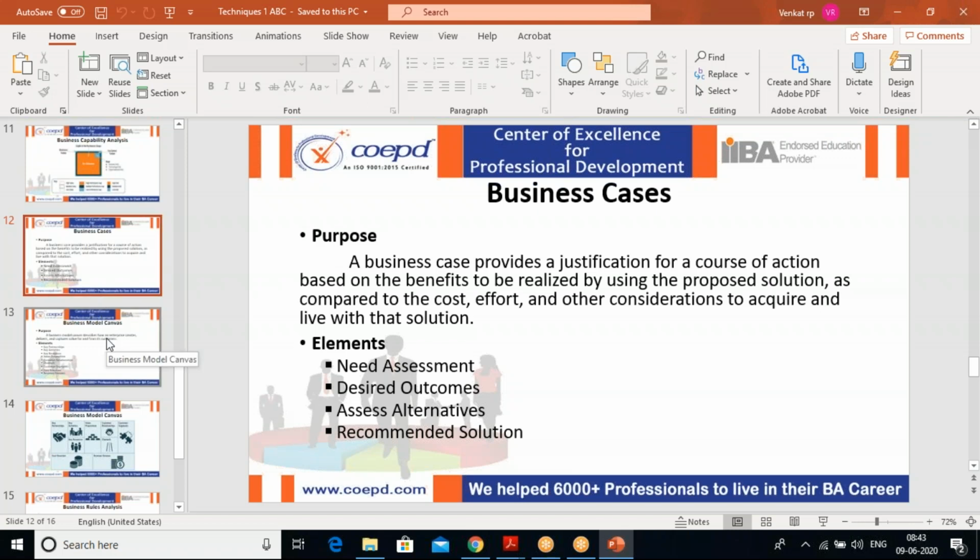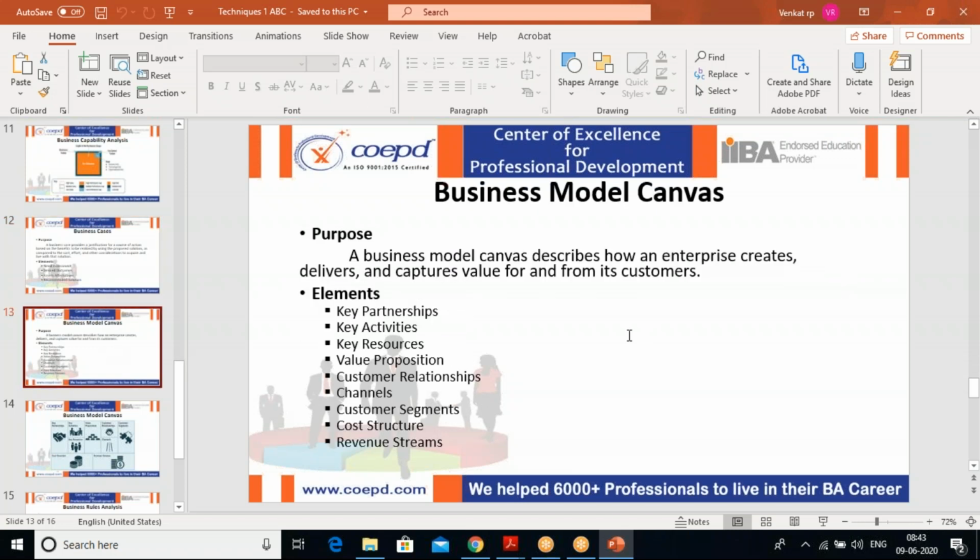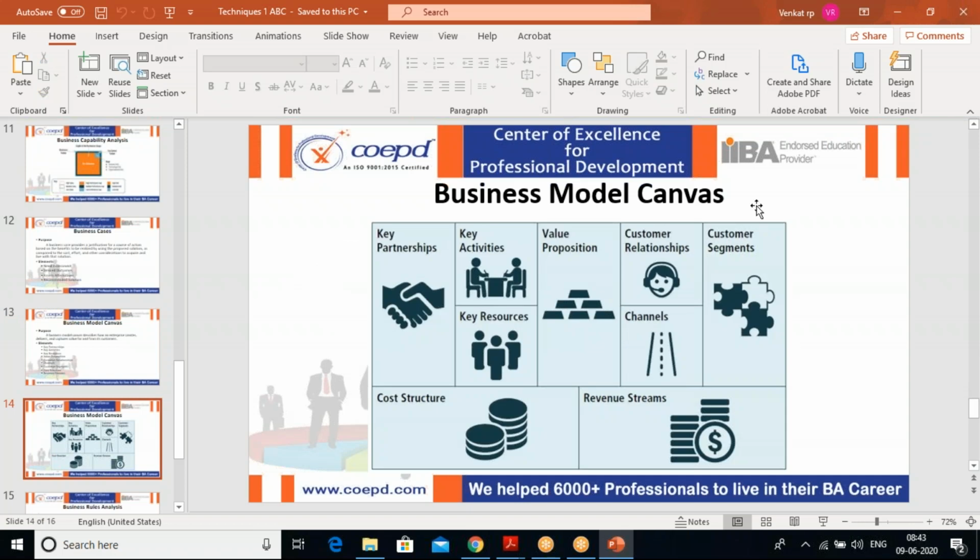And then there is the business model canvas. The business model canvas is another representation of how the business works. You can see how your business is going to work out: the cost structure, the revenue streams, the customer segments, the customer relationships, the channels, the value proposition, key activities, key resources, and key partnerships.